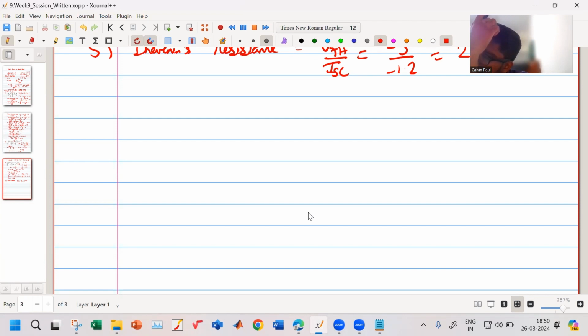The transient current answer, before applying Laplace transform, the conventional method we just solved, right? So that you want to focus on.